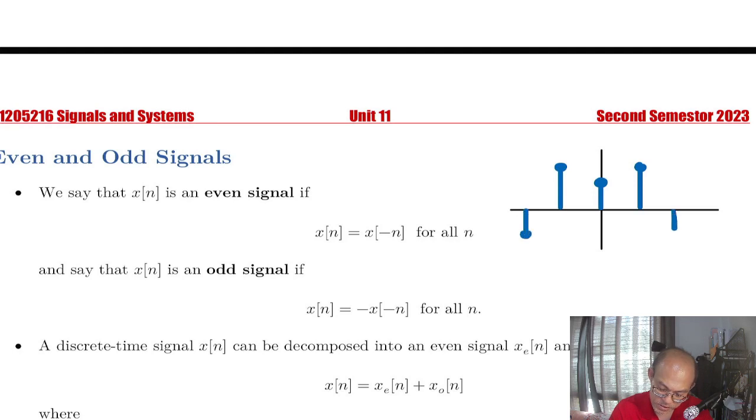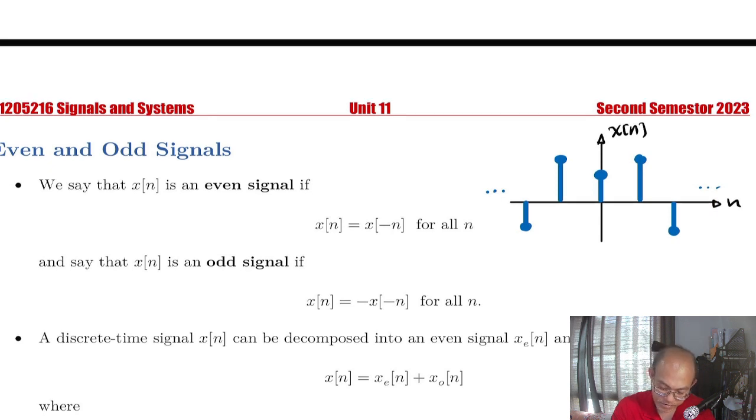Here, this is an even signal. You see, the left and the right are images of each other.